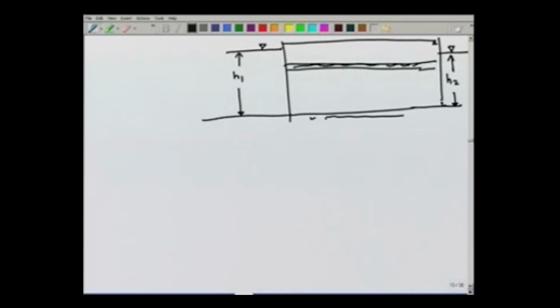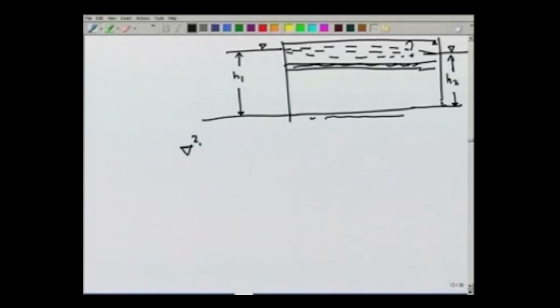The piezometric head in the confined aquifer may be like this, or like this, or it may be a straight line like this. So, in order to find out which is the variation in the confined aquifer, we need to solve the equation of motion, which is again written here.